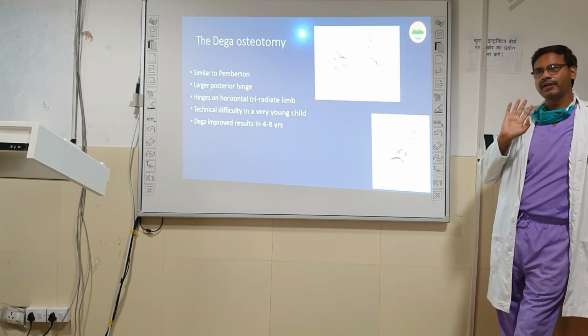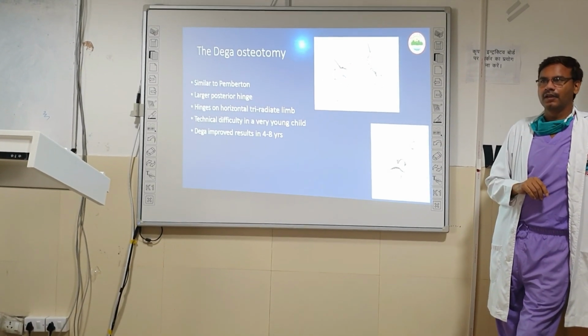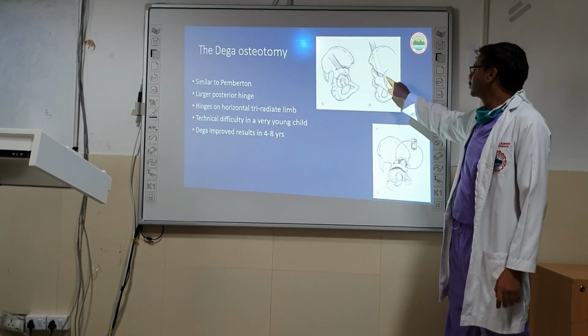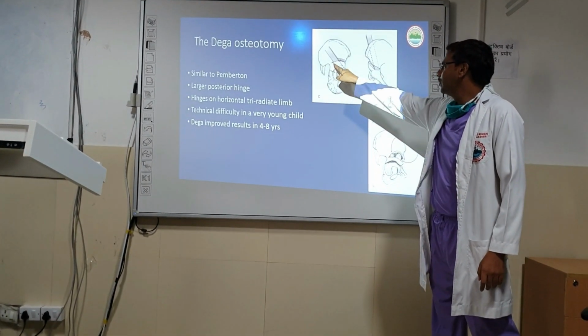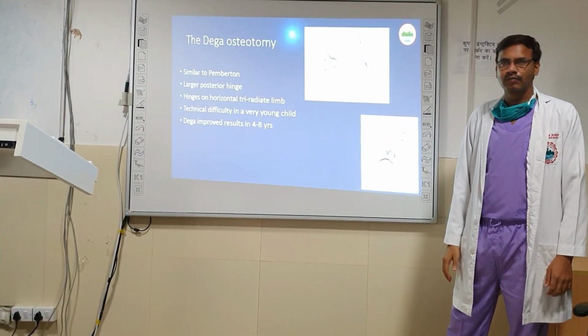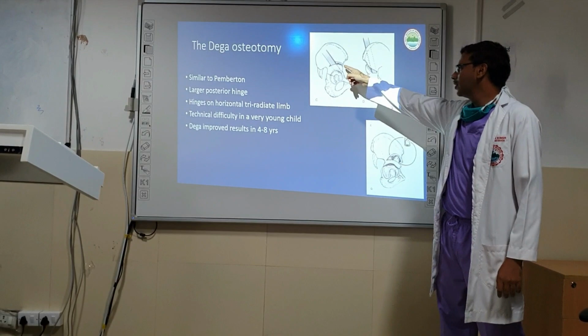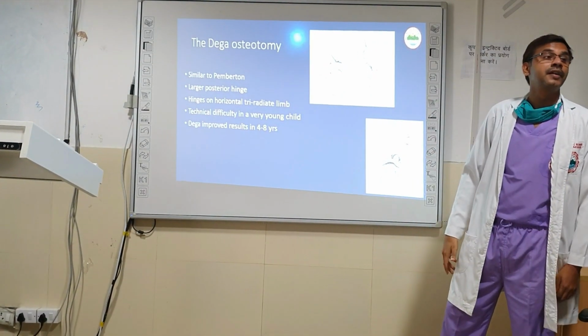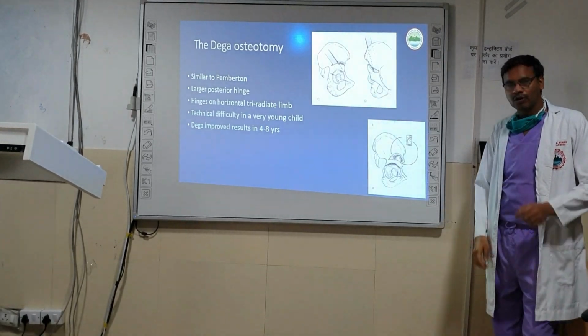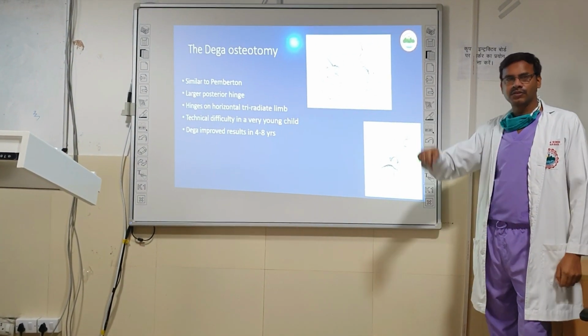Pemberton reaches up to the triradiate, but Dega does not. And you have to remember that the posterior most part just before the sciatic notch should never be broken, because if it is broken then it is converted into San Diego. Okay, because Salter is a straight osteotomy, these are curved osteotomies.